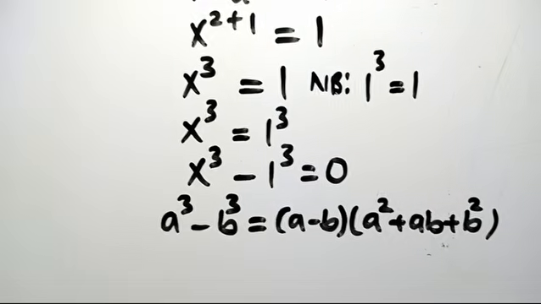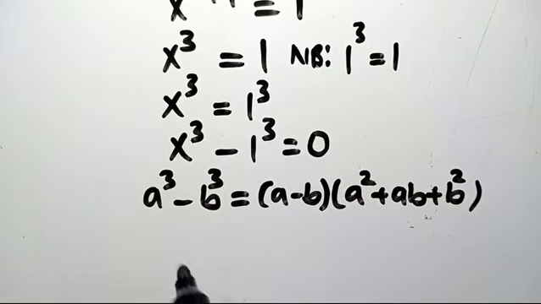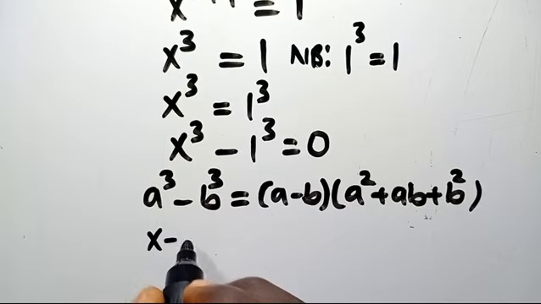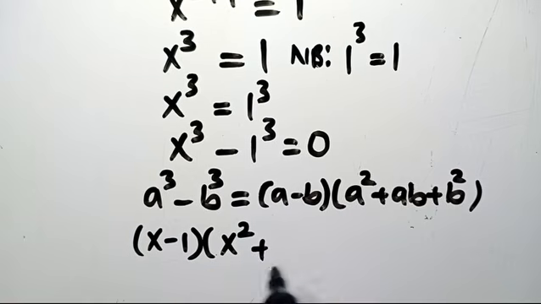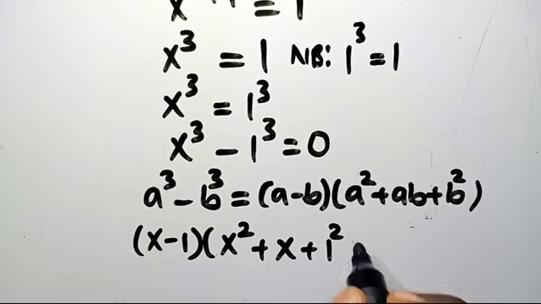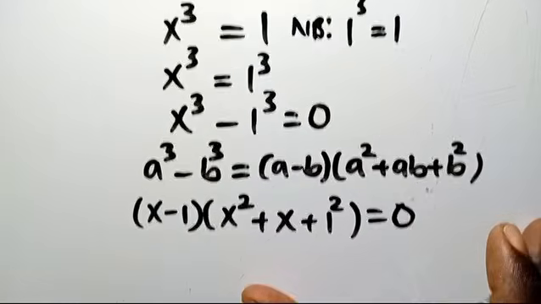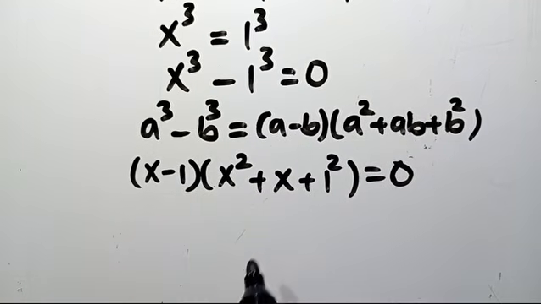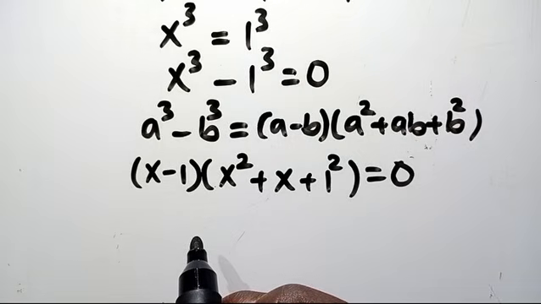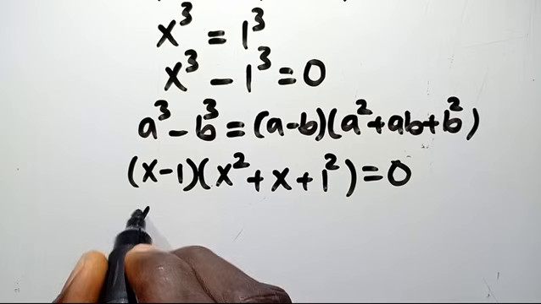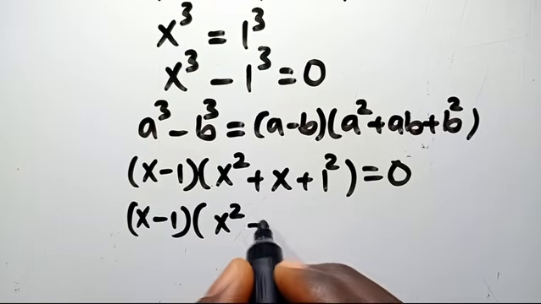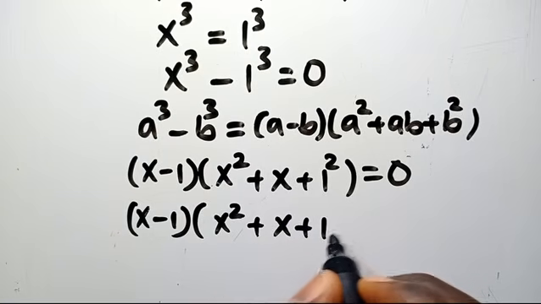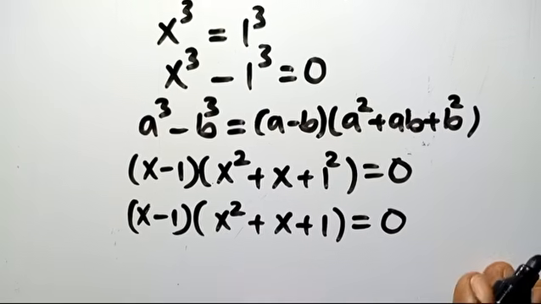Now applying it here, we are going to have x minus 1 times x squared plus x times 1 plus 1 squared, and everything equals 0. So we have x minus 1 times x squared plus x plus 1 equals 0.